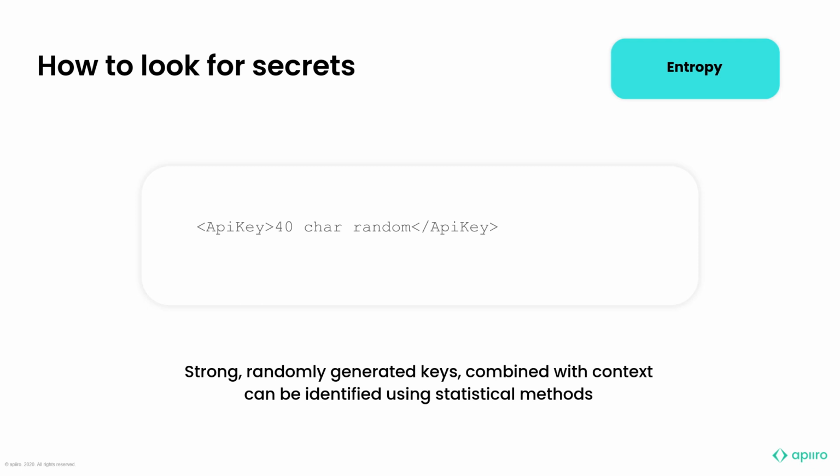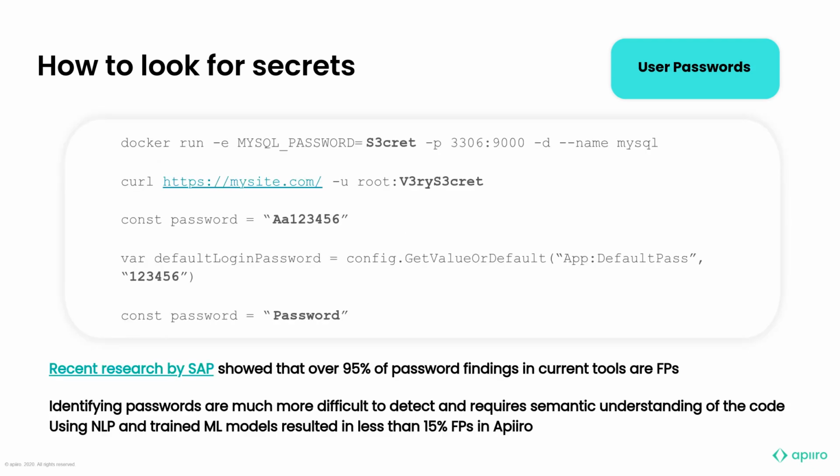So again, using those tools, we can still detect those types of keys pretty well with a low chance of false positives. And this is something that, again, a lot of tools do well, and I think that we have really good results there. Which brings us to user passwords.